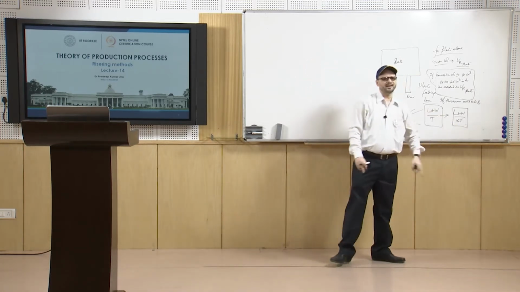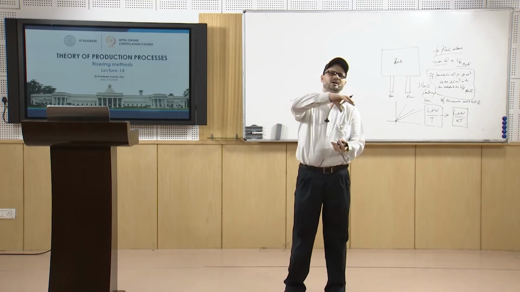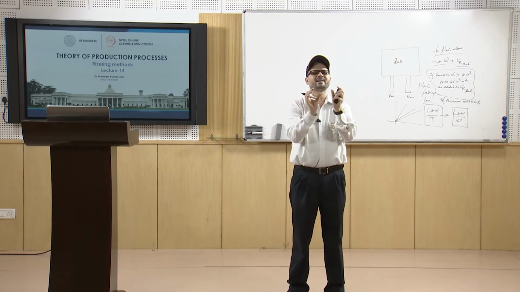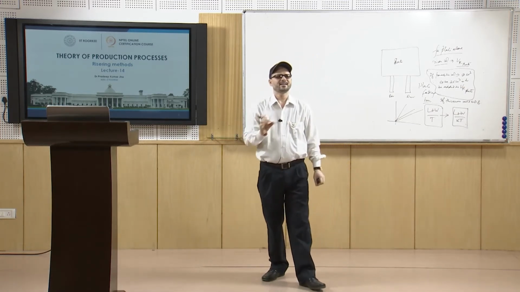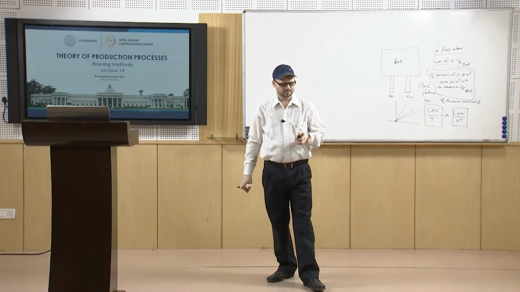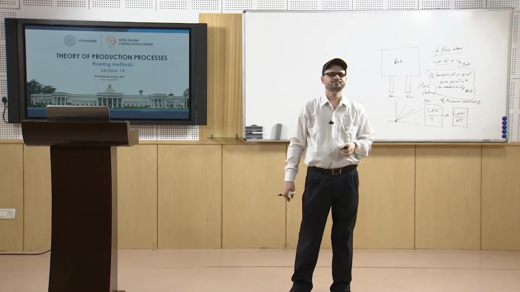When the external diameter and the internal diameter are given, you know the thickness. If the core diameter is T by 2, the correction factor is 1.17; if it is T, 1.14 or so. That is one correction factor to be put in this method.